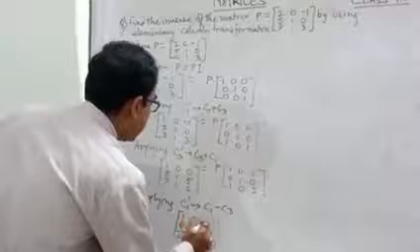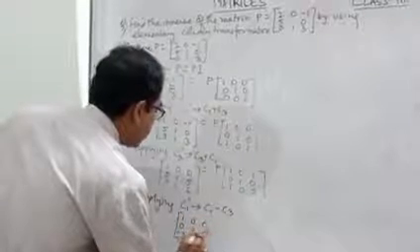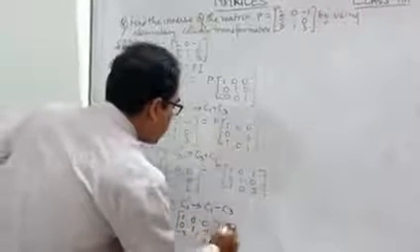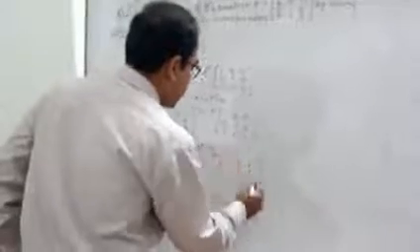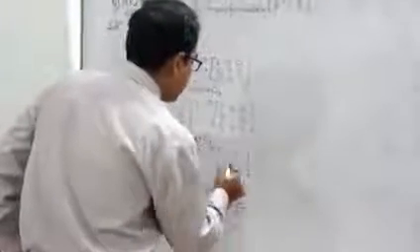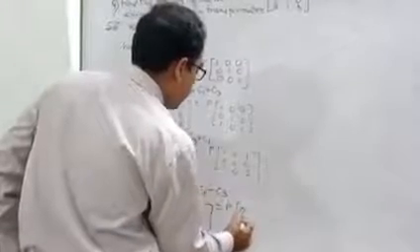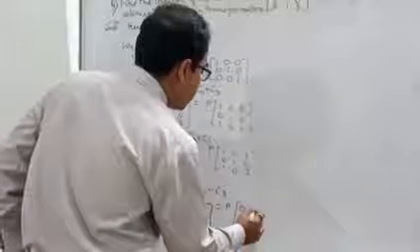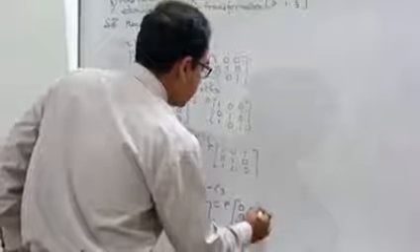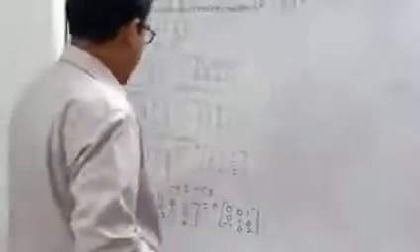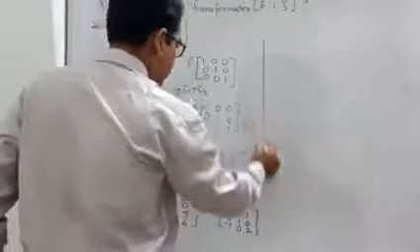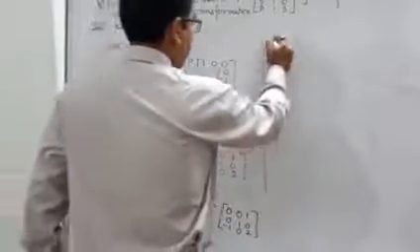So here no change will come. Okay. P, here also C1 minus C3, that means 1 minus 1, 0, 0, 0, and 1 minus 2 is minus 1, 0, 1, 0, 1, 0, 2. Okay. So after this I am doing over there.